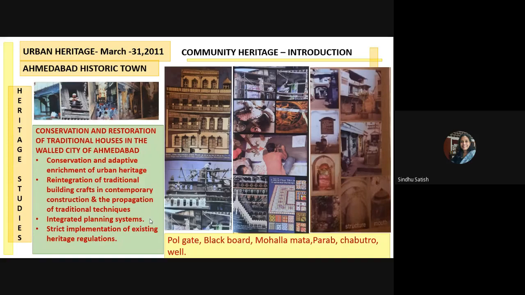So this shows that they cared for the environment and nature, the urban environment and things like that. And the well is another important heritage property that they looked at.